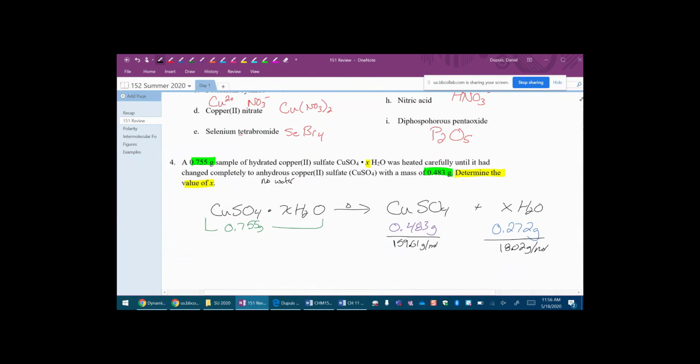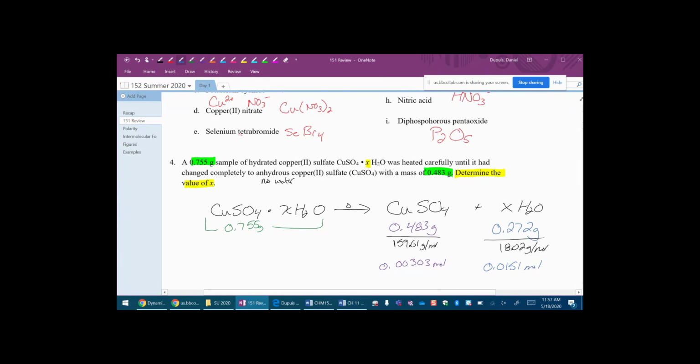All right, so what do we get here? 0.483 divided by my 159.61, I get 0.00303 moles of copper 2 sulfate. 0.272 divided by 18.02, I get 0.0151 moles.